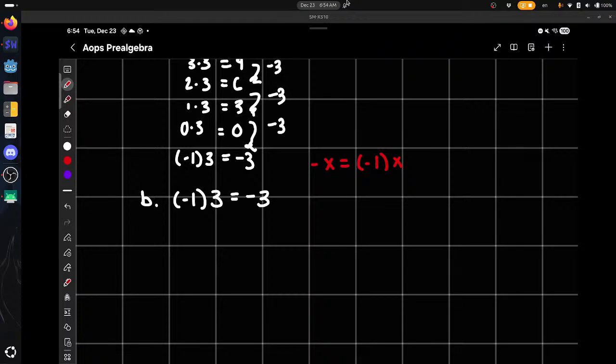We can do this if we show that -1 times x plus x equals 0.